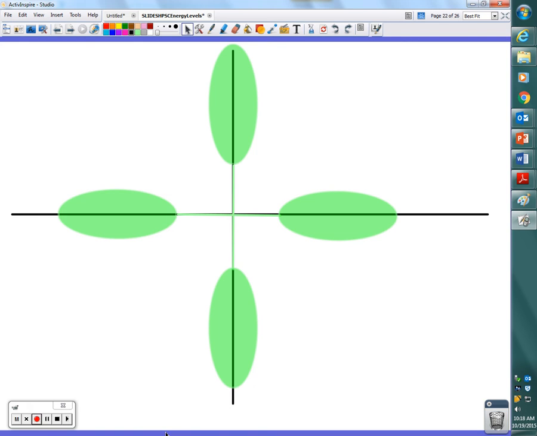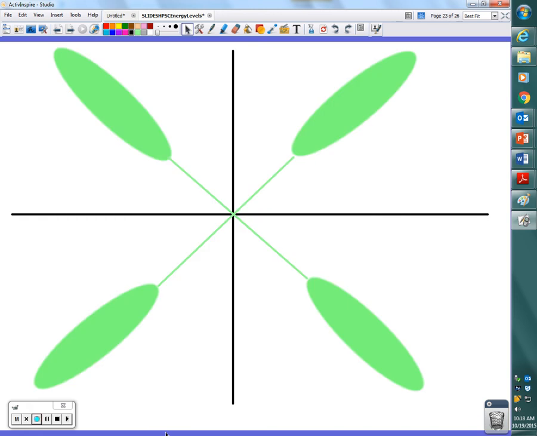Now, the butterflies start filling in the space. The first butterfly exists in between which two axes? X and Y. There's a butterfly that exists between X and Z, so it would come out towards you guys this way.